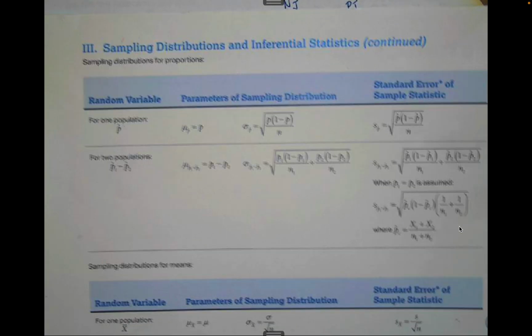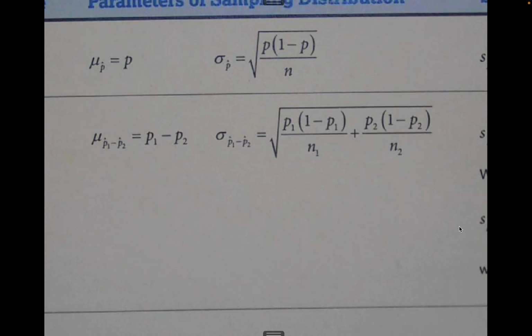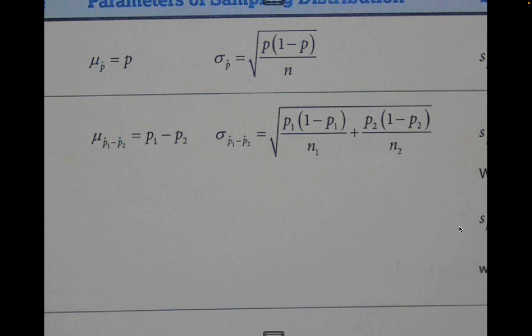Here are the formulas again. And check with your neighbors, see if they got the same answers as you.